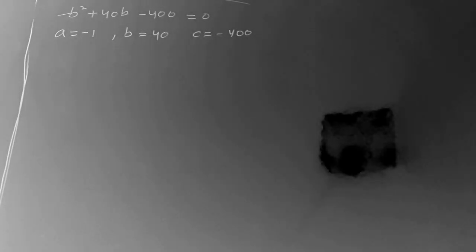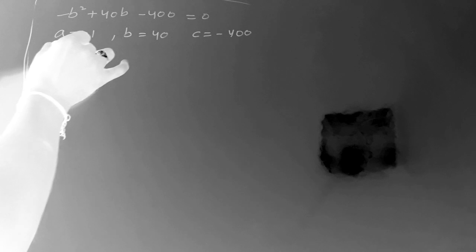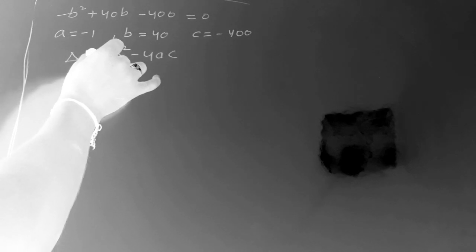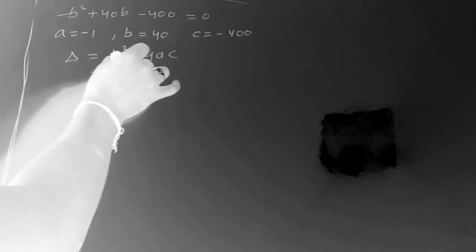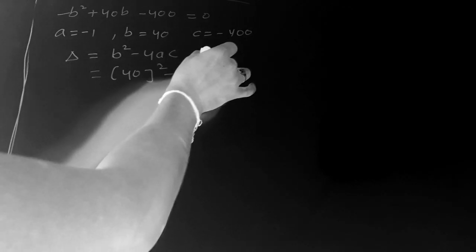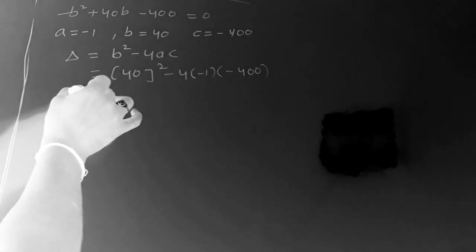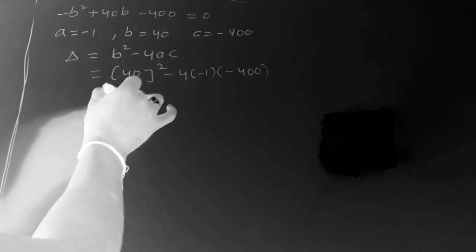First you find out the nature of the roots. Delta is equal to b square minus 4ac. So here b is 40, so 40 square minus 4 into minus 1 into c, which is minus 400. 40 square is nothing but 1600.